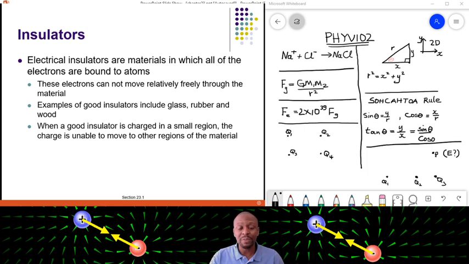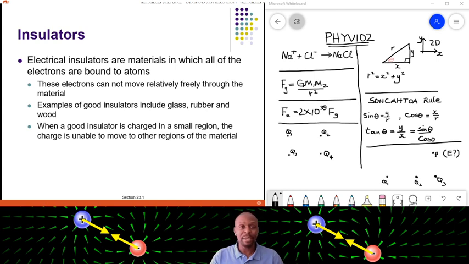Good examples of insulators are glass and rubber, as well as wood. When an insulator is charged in a small region, the charge is unable to move because it is bound to an atom. It cannot move from one region to another region of that material.